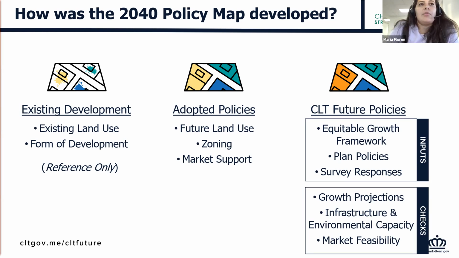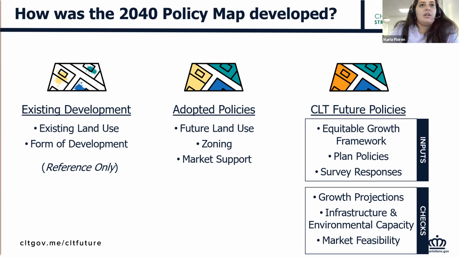Those plans account for approximately 27% of the land area in Charlotte. For the remaining portions of the city, the adopted policy map was informed by the zoning or existing entitlements to a property, or in instances where the existing zoning district did not clearly translate to one place type, market support analysis was used to identify the most realistic future use of that property.